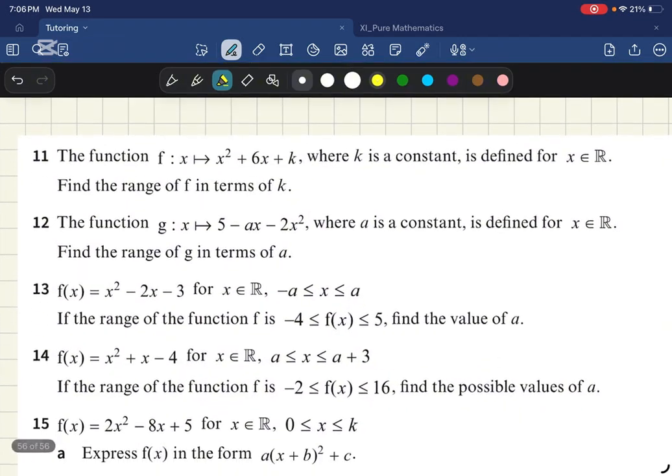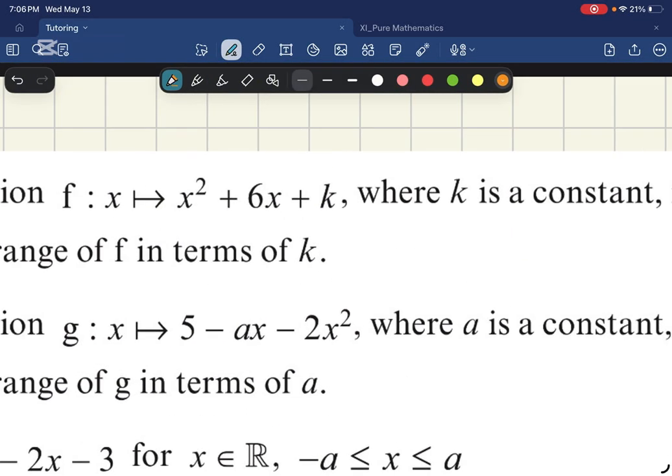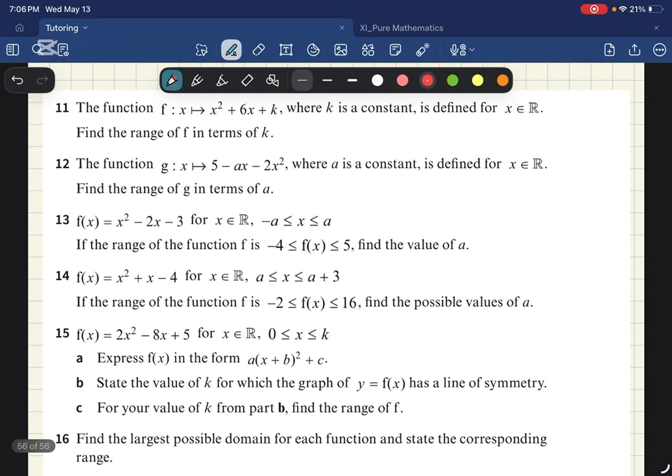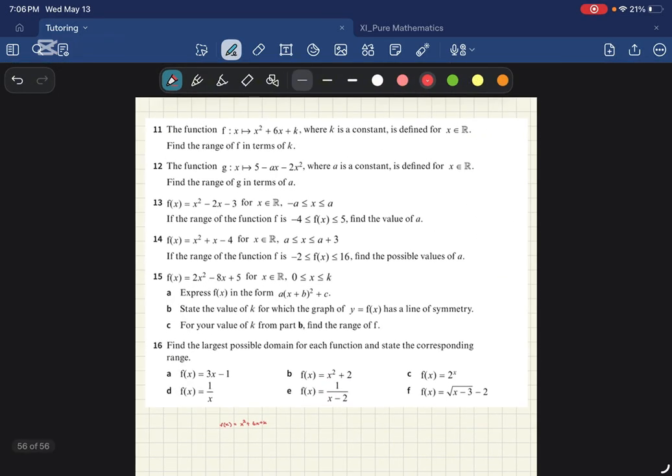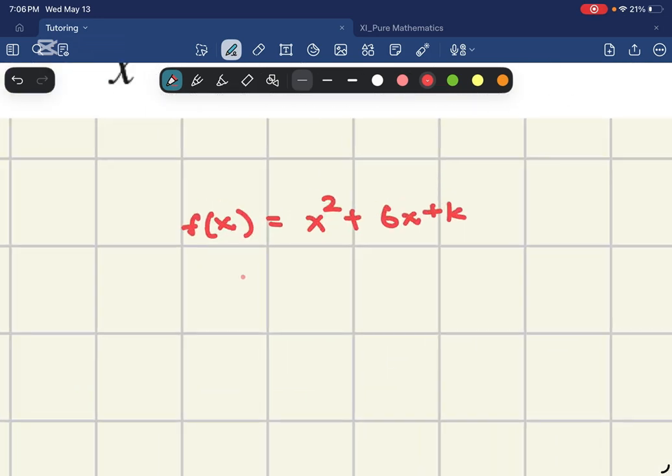Question 11. So the function is given as follows. Find the range of f in terms of k. So we have f of x is x squared plus 6x plus k, right? So now I can complete the square. I can write this as x plus 3 squared, right?